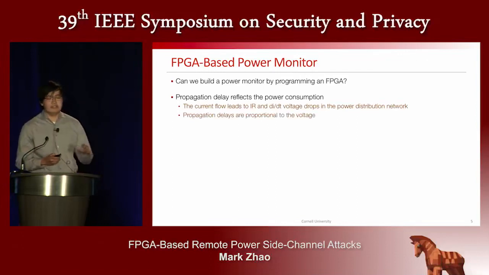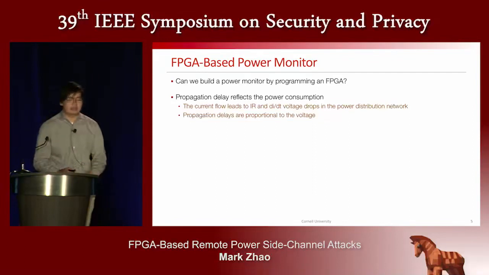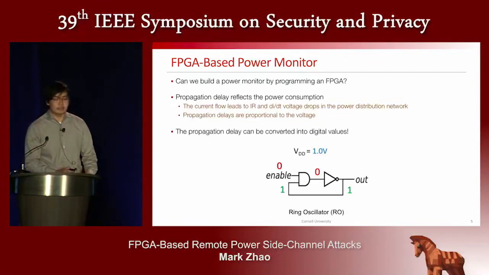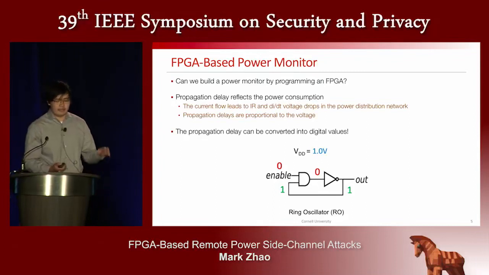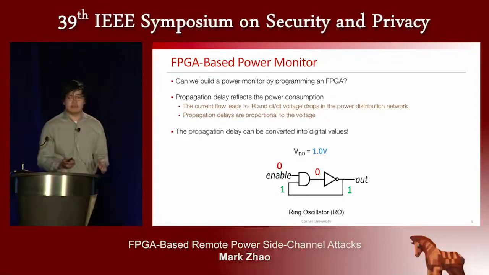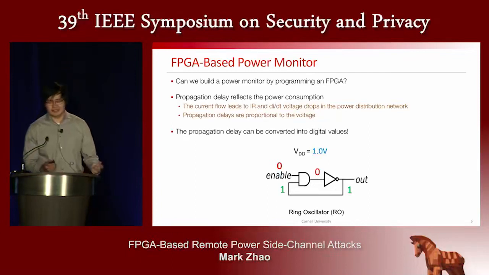Now, these transient voltage fluctuations then change how fast signals propagate through CMOS logic. So we show that in our case, we can digitize these propagation delay values using a ring oscillator, or RO.